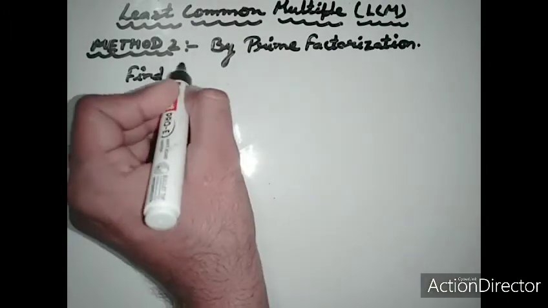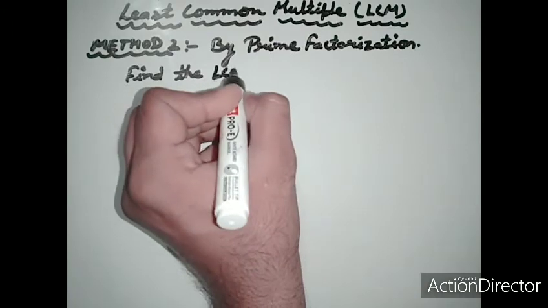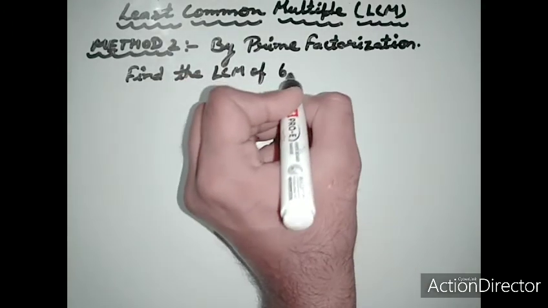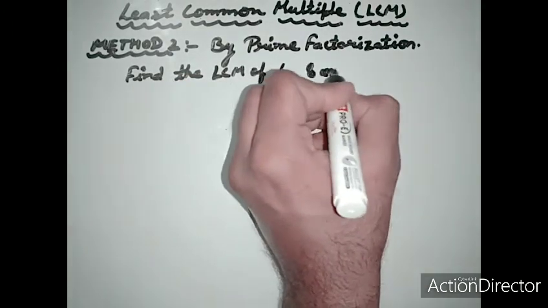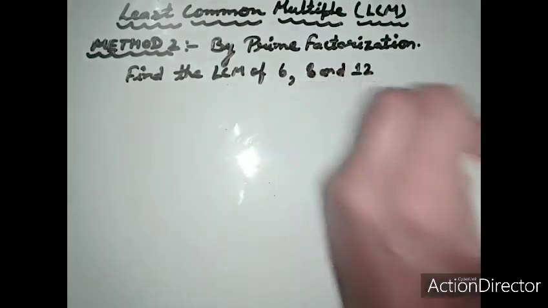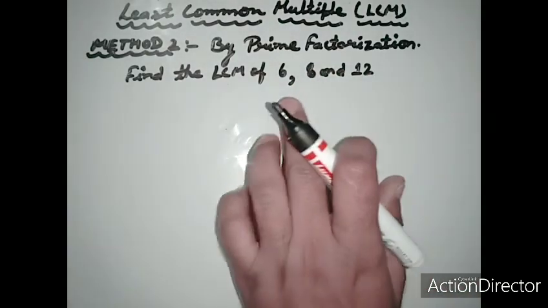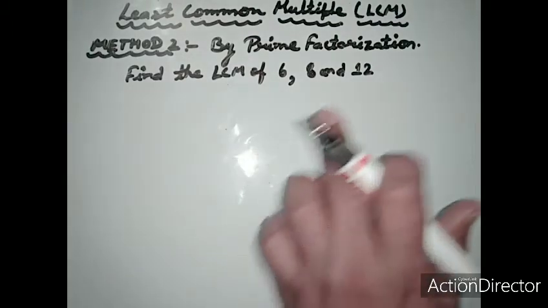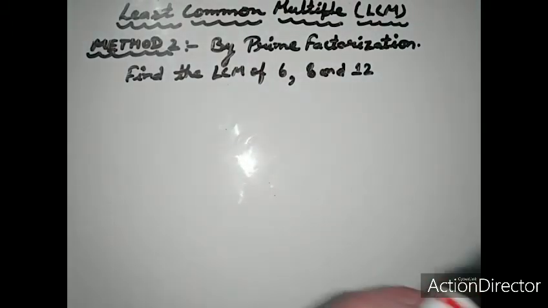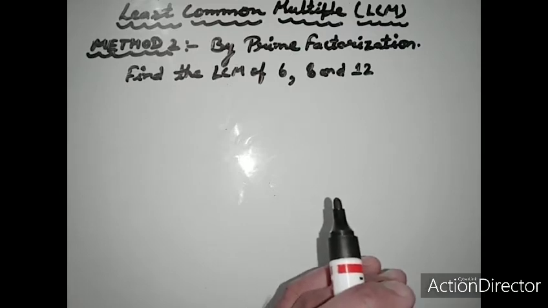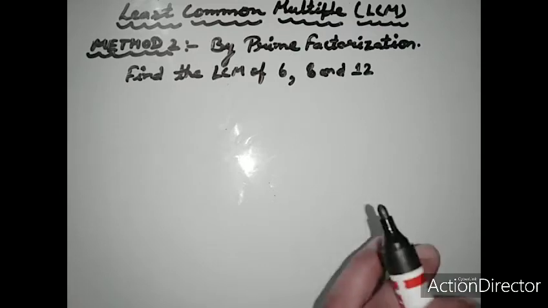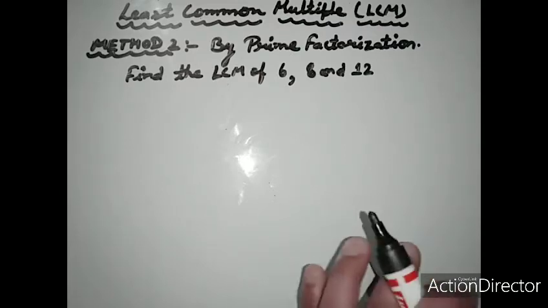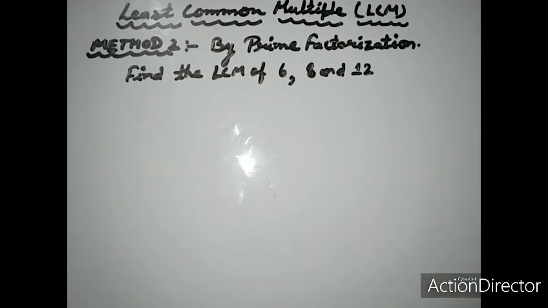Here we write: find the LCM of 6, 8 and 12. So what we do here, first we find the prime factors of 6, then 8 and then 12, and after that we take common factors and the other factors also, and we multiply all these factors and we get our LCM.